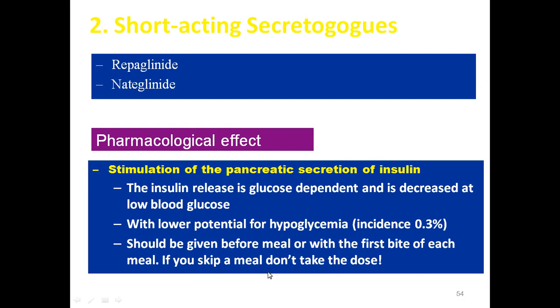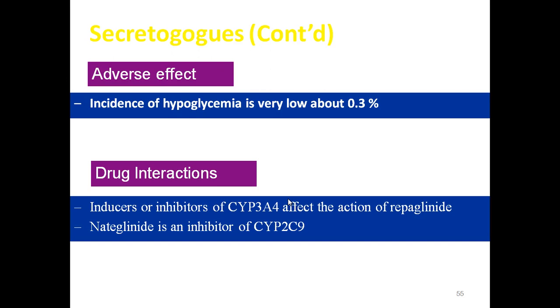If you skip a meal, you don't need to take this drug. So it will only cover if the glucose is raised. As for adverse effects, the incidence of hypoglycemia is there, but it is low. Inducers or inhibitors of cytochrome 3A4 affect the action of repaglinide, and nateglinide is an inhibitor of cytochrome 2C9.